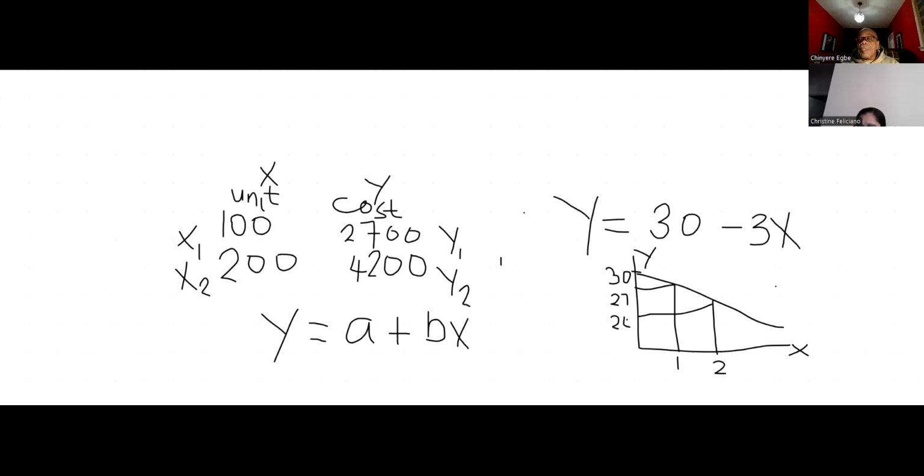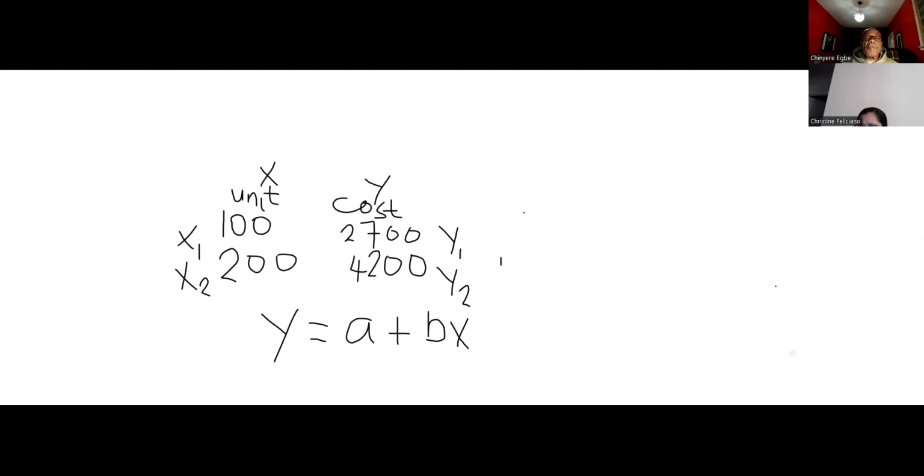So y is always decreasing by 3 each time x increases by 1. If x decreases by 1, then y will increase by 3. So we call it a linear function. The rate of change is constant. It doesn't change, okay? All right. So now what you are encountering is how do you then create this equation when you have numbers? How do you find b? How do you find a?